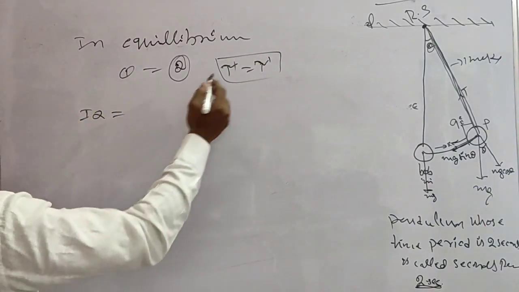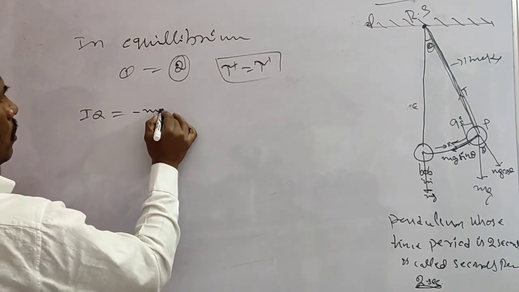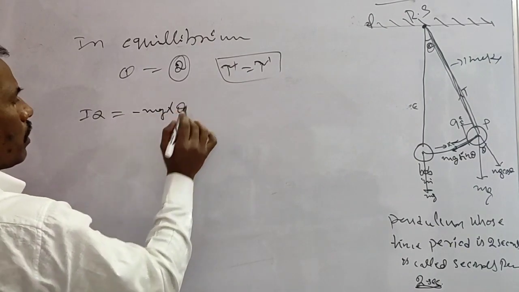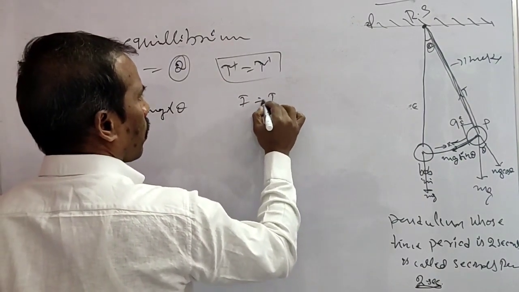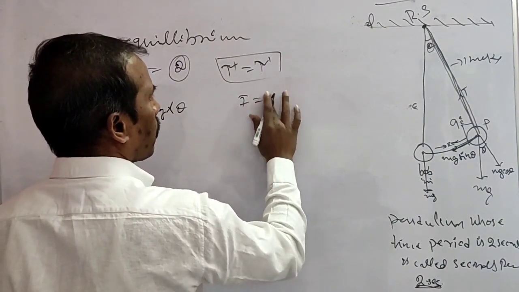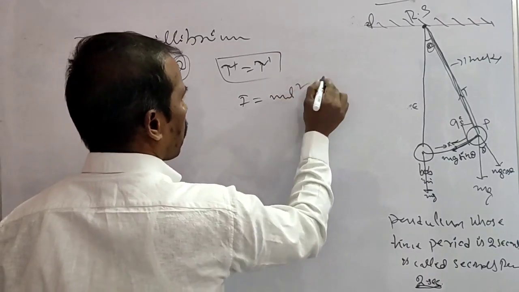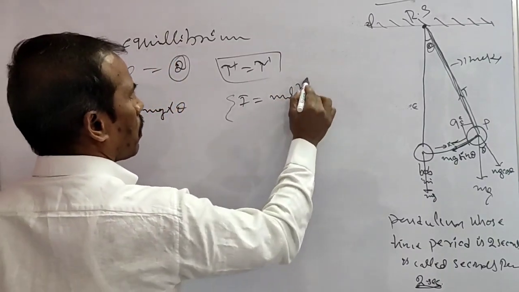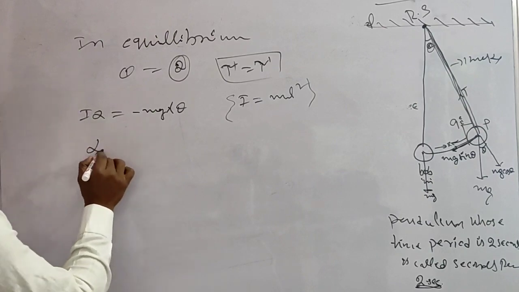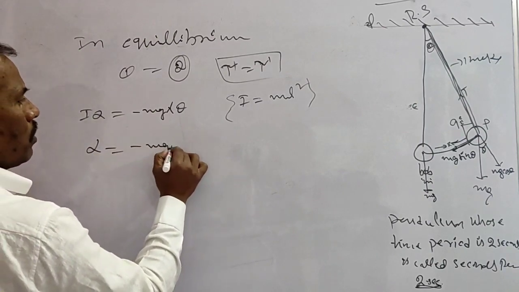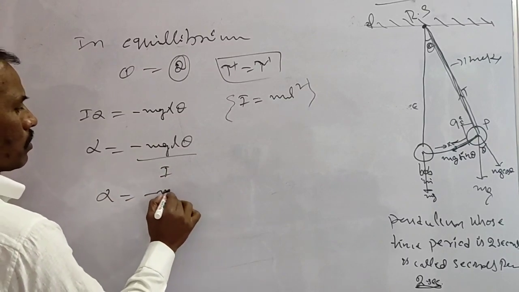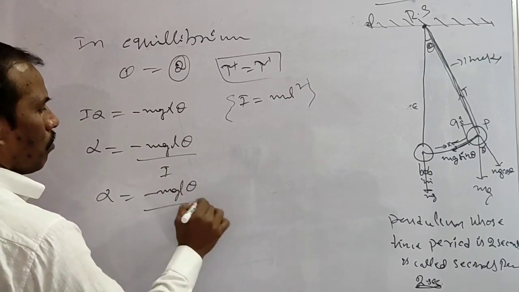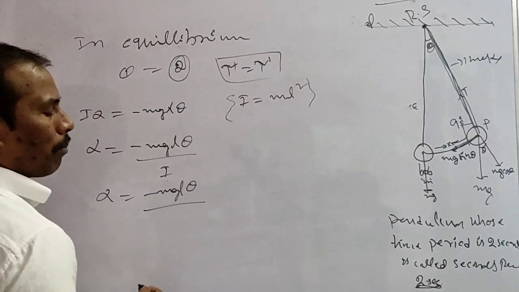Now I alpha is equal to minus mgL theta, where I is the moment of inertia, which is equal to mL square. Now alpha is equal to minus mgL theta by I, so alpha is equal to minus mgL theta by mL square.